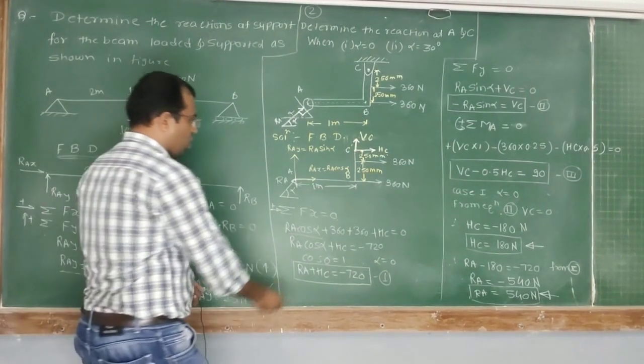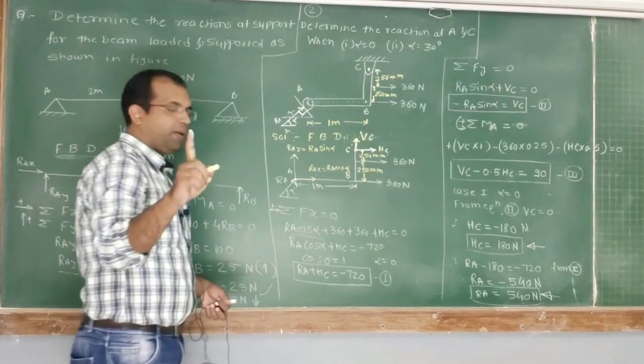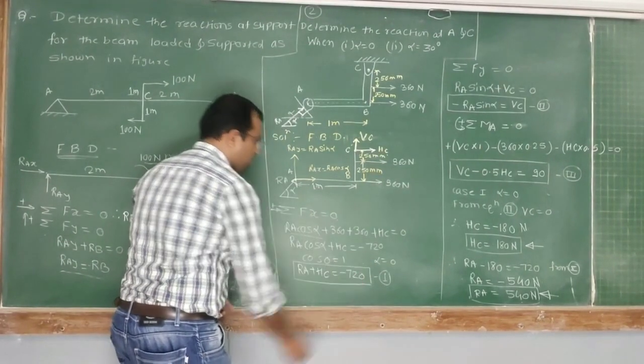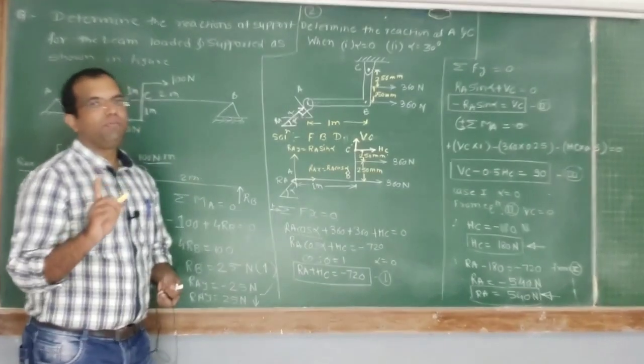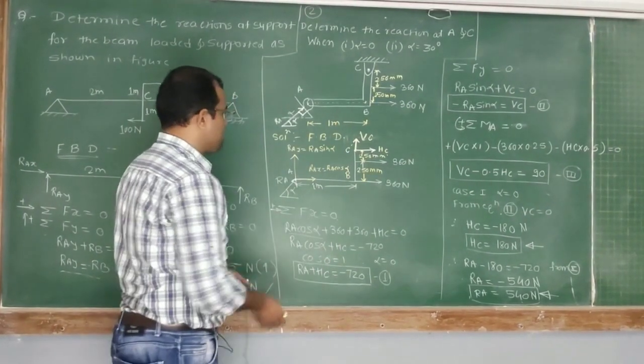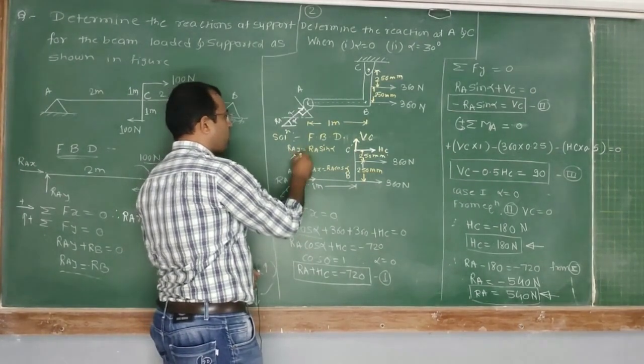So first case, alpha is equal to 0, so cos alpha is equal to 1. So you will get the equation RA plus HC is equal to minus 720. Let's say this is my equation number 1. Now what is second equation? Summation of Fy is equal to 0. So summation of all forces in y direction.